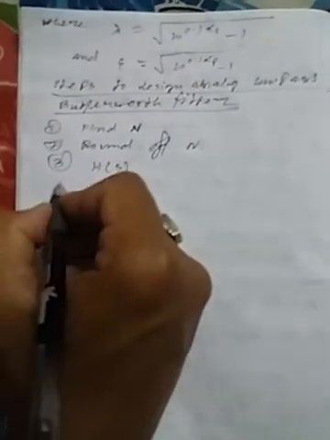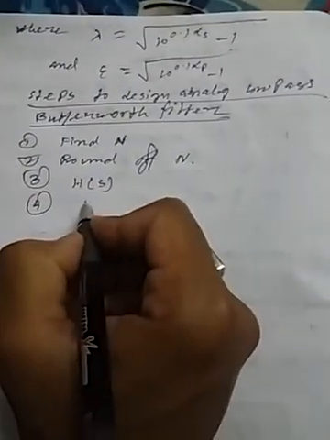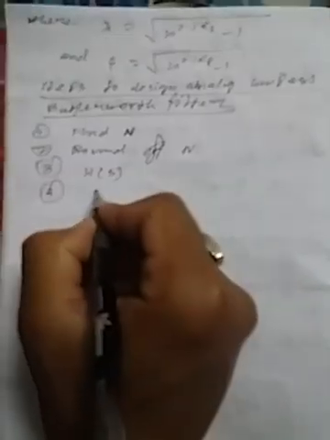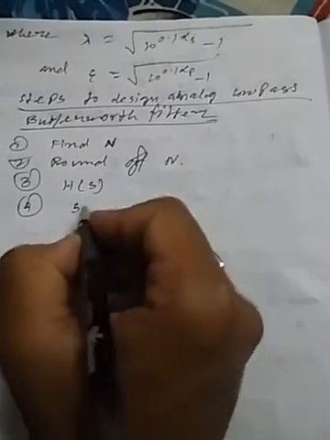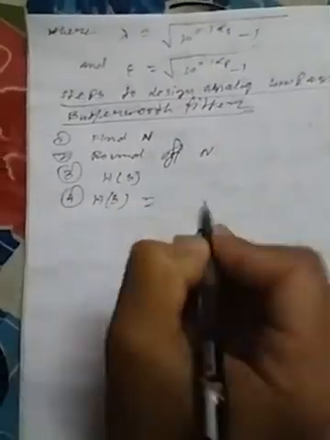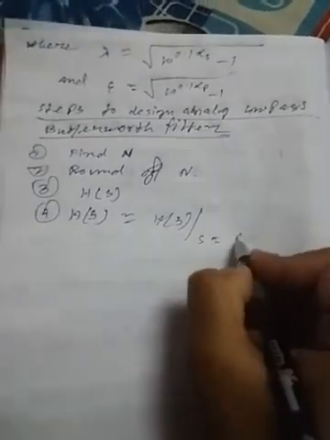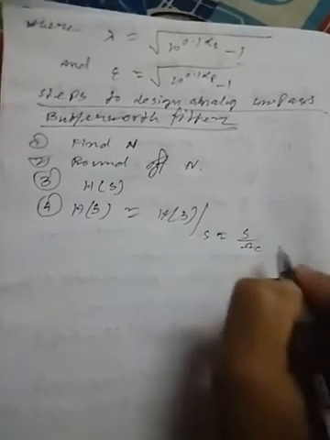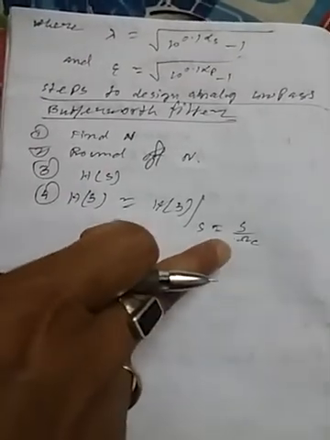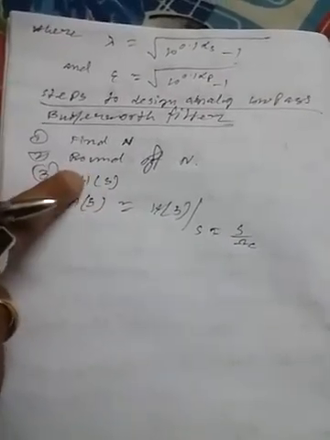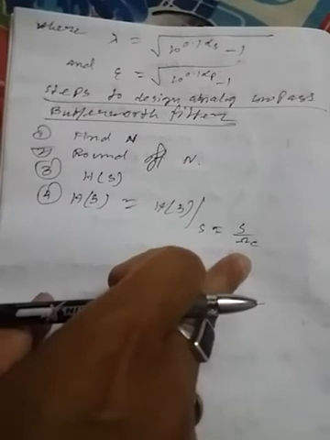Okay, so to get the actual impulse response of the filter, the modified value of hs will be hs at s equal to s by omega c, because in case of normalized Butterworth impulse response, you assume omega c is 1.